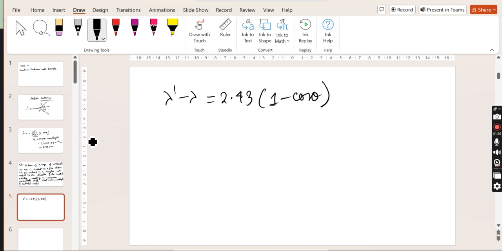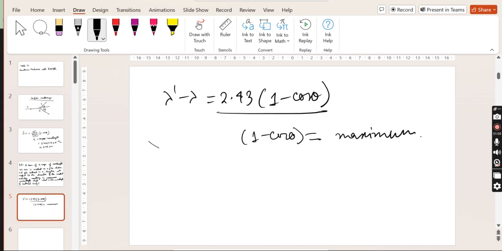We have been told that the shift is maximum. So this entity will be maximum when 1 minus cos theta is maximum.